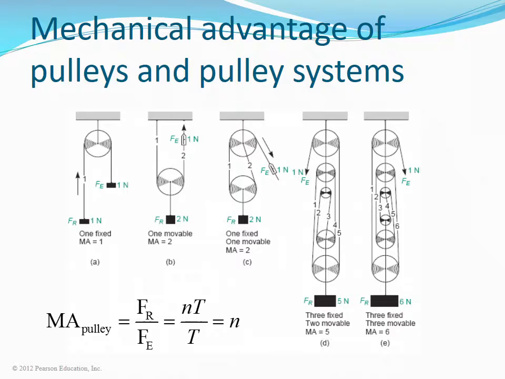When one continuous cord is used, this ratio reduces to the number of strands holding the resistance in the pulley system. Only in B does the effort force strand support the load. In all the other figures, the effort strand does not support the load and is not counted as a supporting strand.